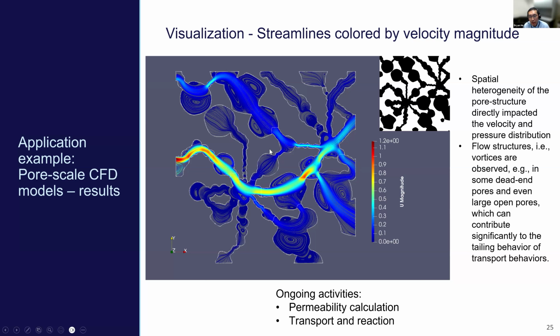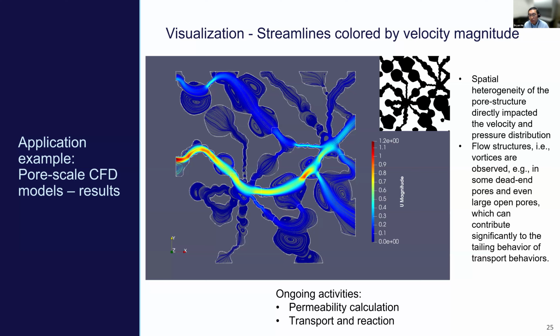But still, we have some very small velocity distributions in some isolated dead end pores, like here. The flow velocity is very small. So basically, this spatial heterogeneity of the pore structures directly controls this distribution of the flow field and also the pressure field.